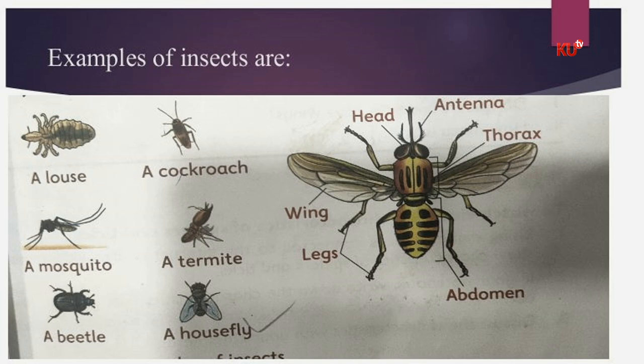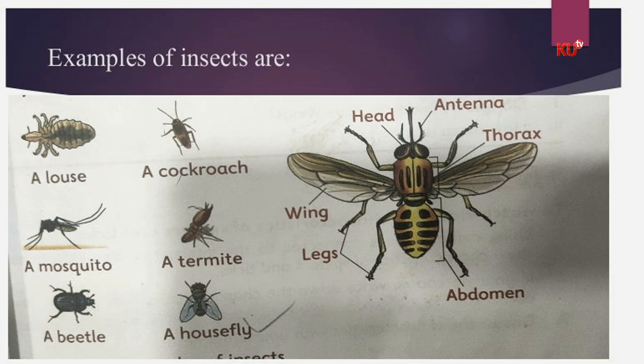We also have a beetle. That's the one below the mosquito. We have louse, mosquito at the middle, and then beetle down. The beetle also does not have wings, but it forms part of the insect. We also have the termite. Okay, the termite has wings, but ants, which are associated with termites, do not have wings.